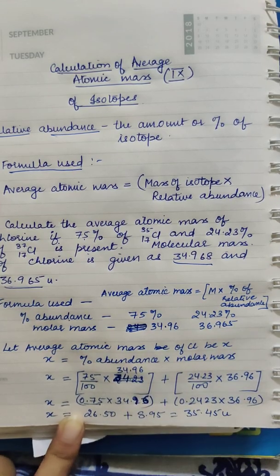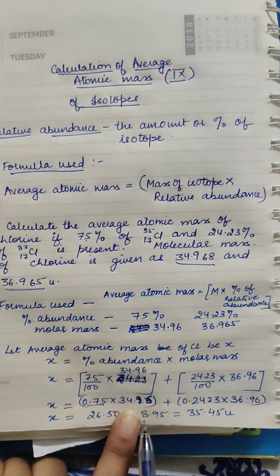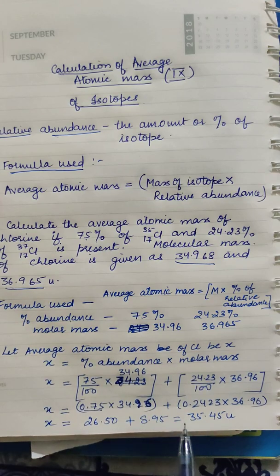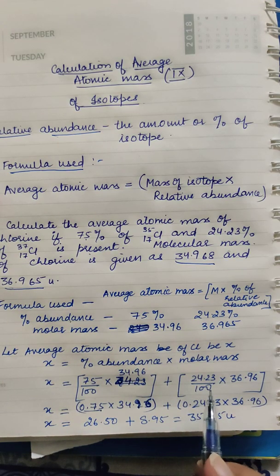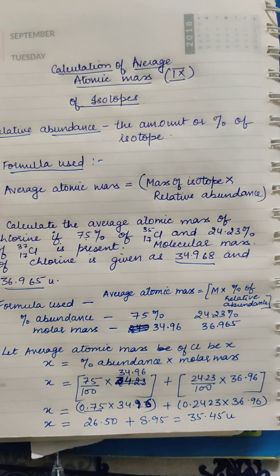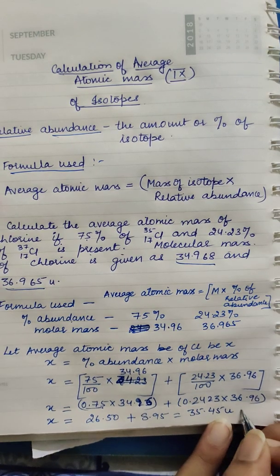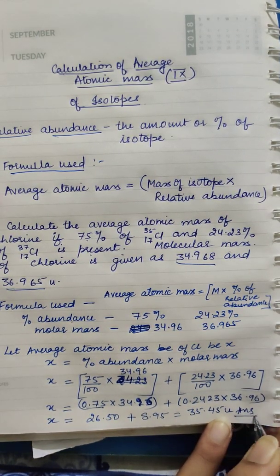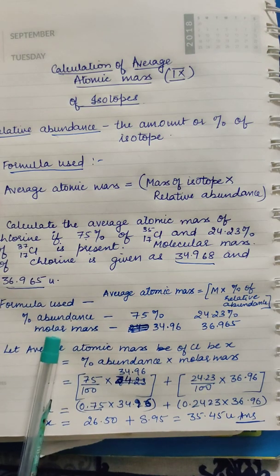So this is 0.75 into 34.96 plus 0.2423 into 36.96. Ultimately when we solve it, we get 26.50 plus 8.95, which is equivalent to 35.45 U. So this is the answer for the respective question.